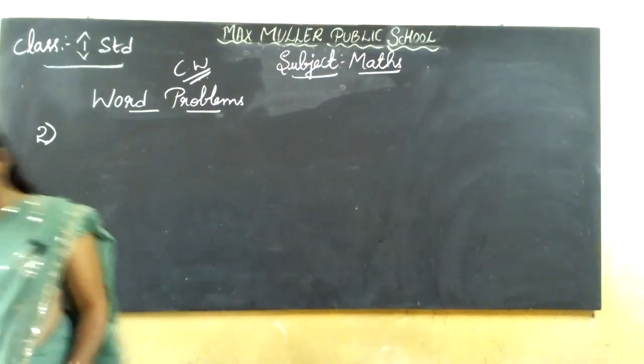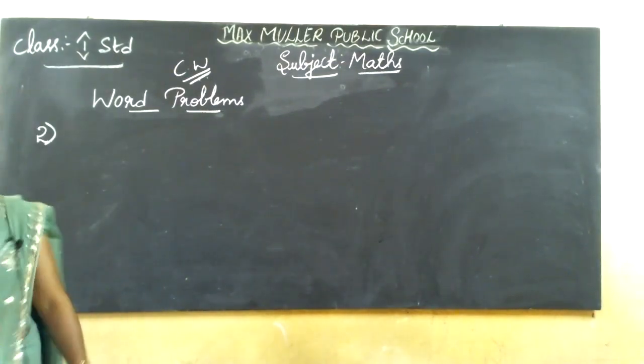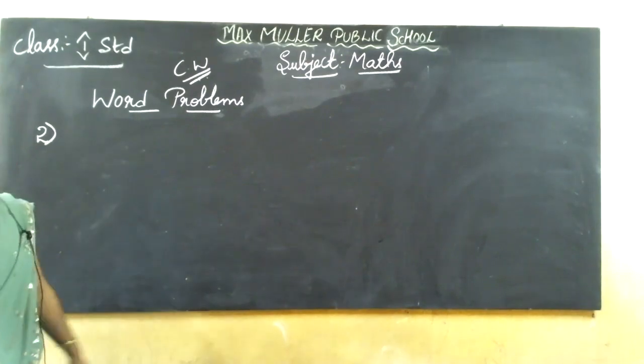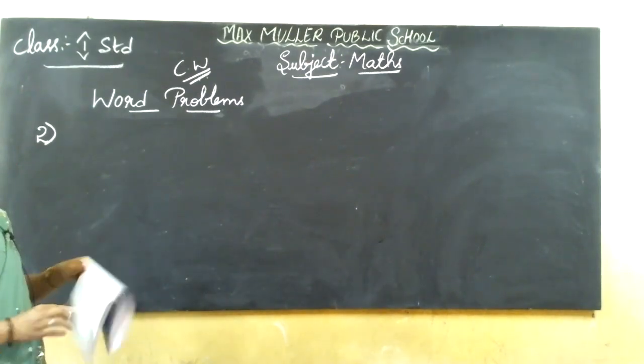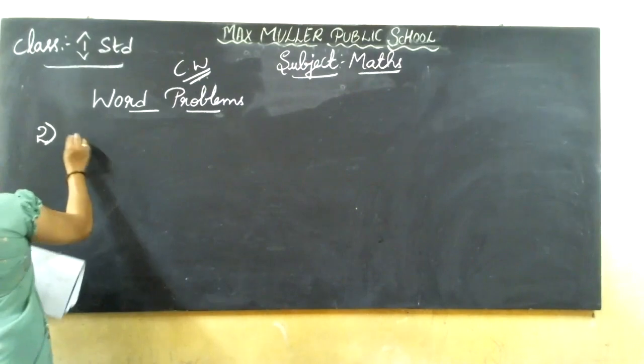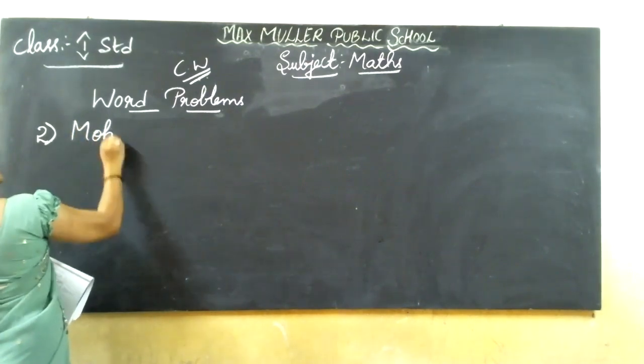Have you understood? Next, we'll continue the classwork. Second sum. First sum I have finished, and homework also you have copied. Now second sum, copying on a fresh page.